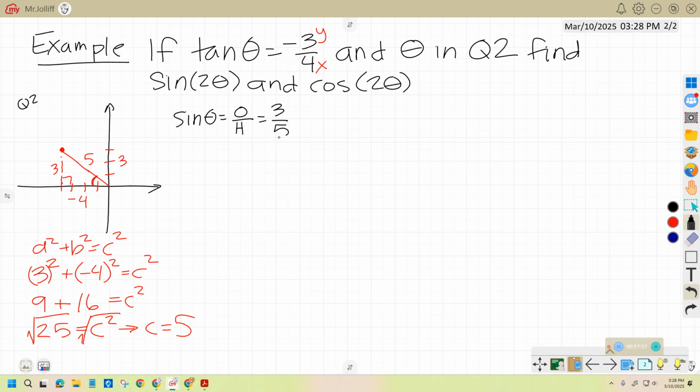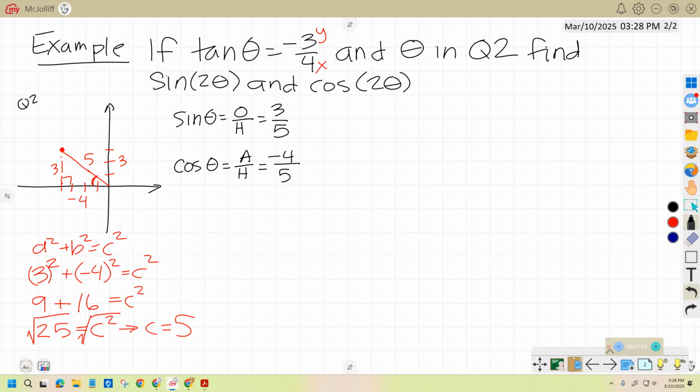Hypotenuse is 5. Same thing for cos. Cos theta is adjacent over hypotenuse. What's the length of the adjacent side? Negative 4. Hypotenuse is 5. Cosine is negative in quadrant 2.